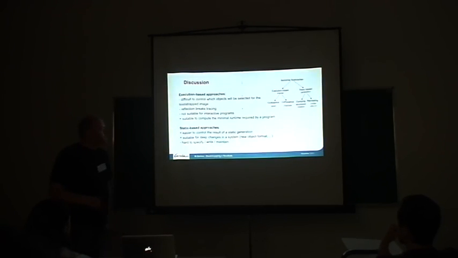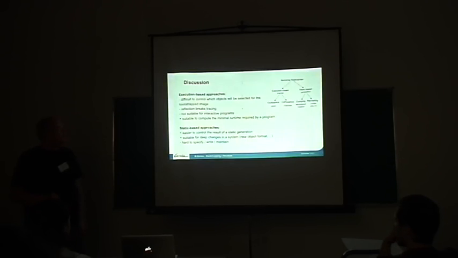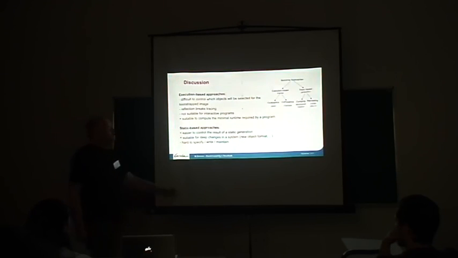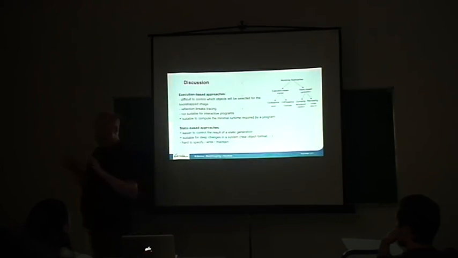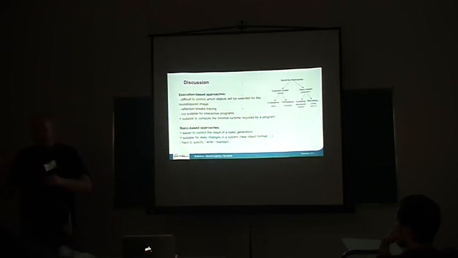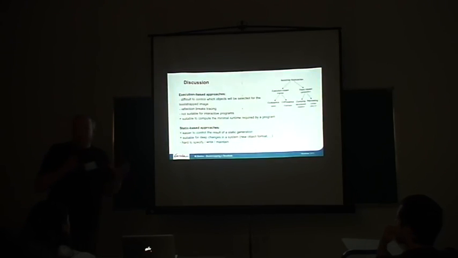A bit of discussion about the two approaches. The big problem of the execution-based approach is that you either need to always have the fallback system available. So you say, okay, I run my small system, it needs something, so it fetches it from a central server. But if you want to not have that, then it gets really difficult to find out what exactly I need for my system.